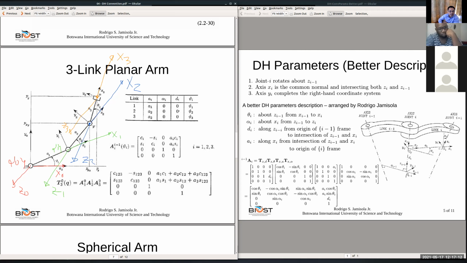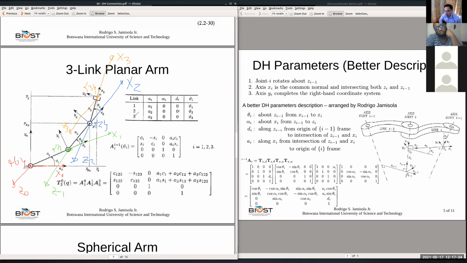Okay, let me emphasize the rest of them. This is the origin of frame 1 and origin of frame 0. Okay, and then let me finish this. This is your frame 3. And then the blue one, this is your frame 2.